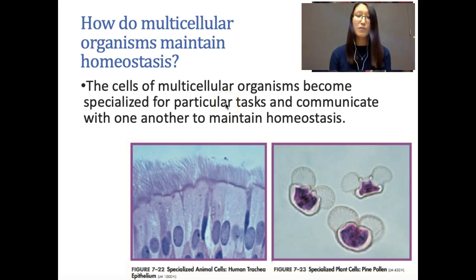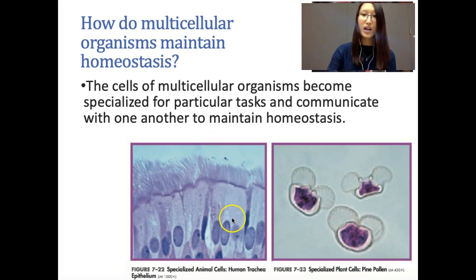So if you think about the cells in your body, right, they all have special skills and they all look different. So for example, right here, these are cells in your lung, and when you're sick, you can feel the mucus in your lung, and those little hairs on the cell help push the mucus out of your body so you can stay healthy, right?